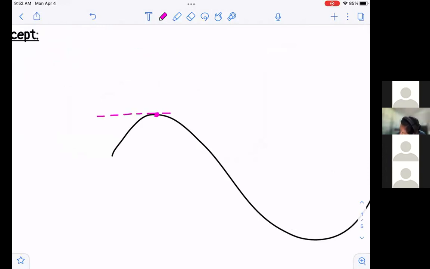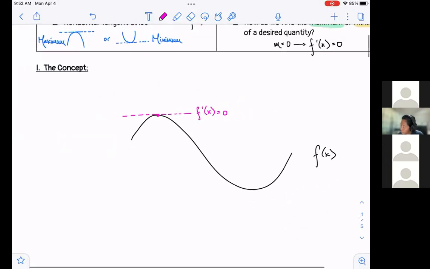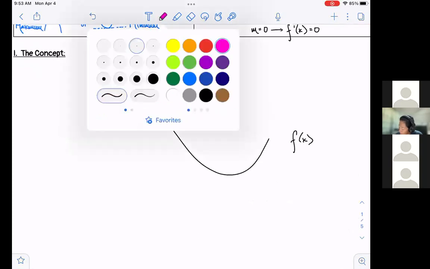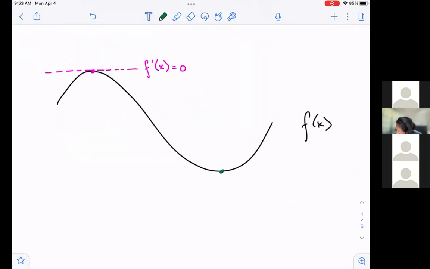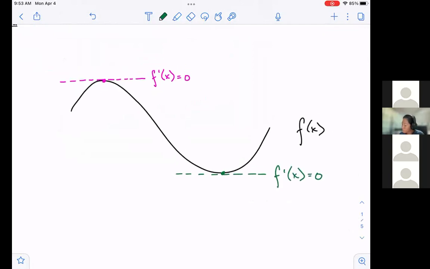And it does, in fact, have a slope of 0. So we could say here that our f prime of x equals 0, right? And additionally, we do have that one minimum in the green down here. And it does, in fact, have f prime of x equal to 0 as well, okay?